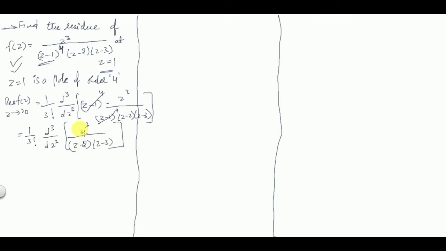So what we will do is convert this into partial fractions. Direct conversion to partial fractions is not possible because this is an improper fraction, that is, the degree of the numerator is greater than the degree of the denominator. So first this improper fraction has to be converted into a proper fraction by using the long division method.